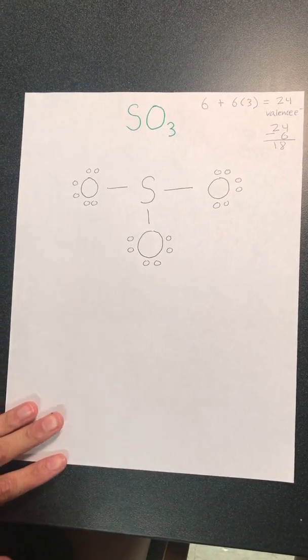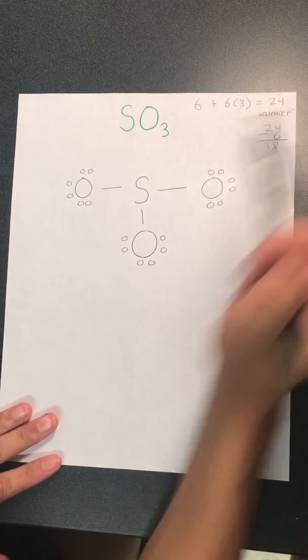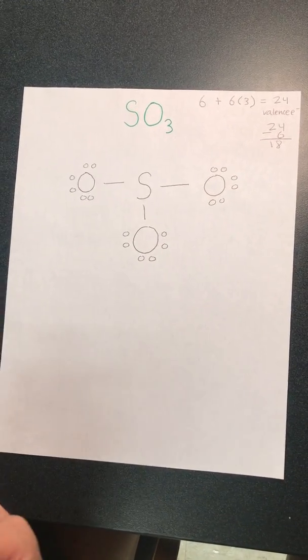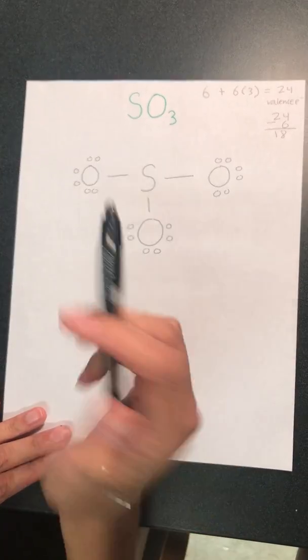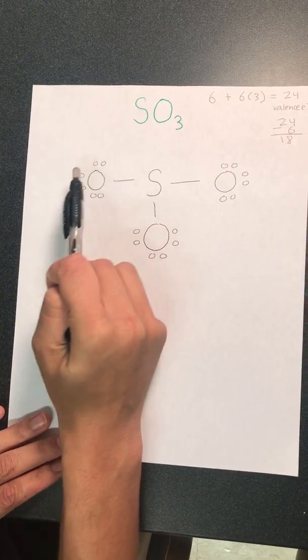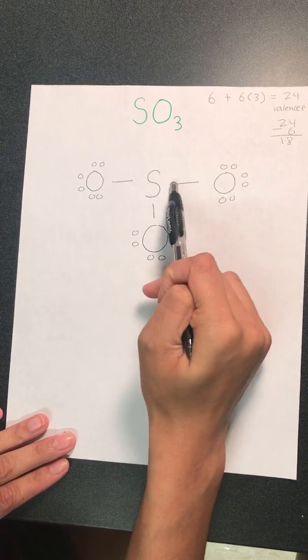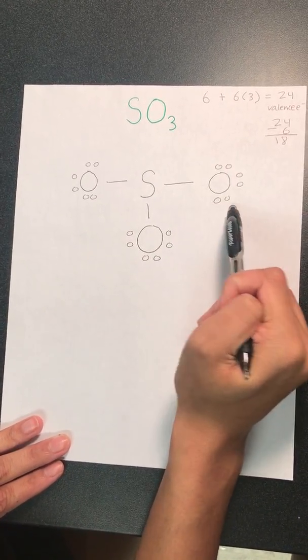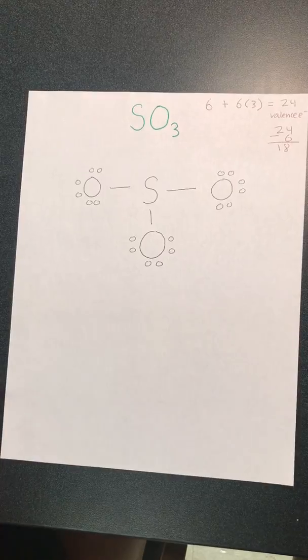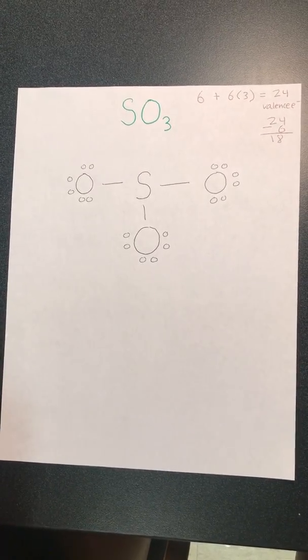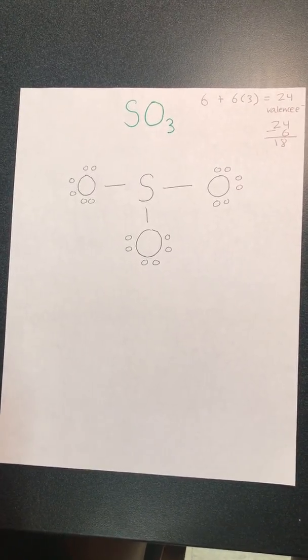And so we're going to make sure that we have a total of 24 valence electrons on this Lewis dot structure. So we're going to count the pairs of electrons. So we have 1, 2, 3, 4, 5, 6, 7, 8, 9, 10, 11, 12, and then 12 times 2 is 24. So we have the right number of valence electrons.